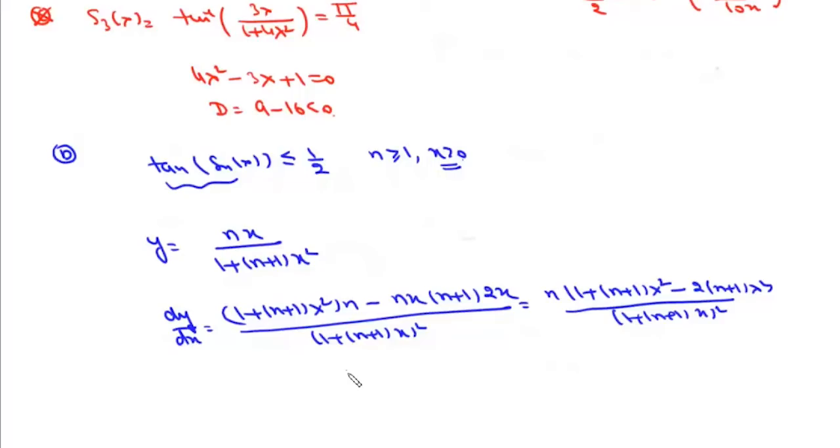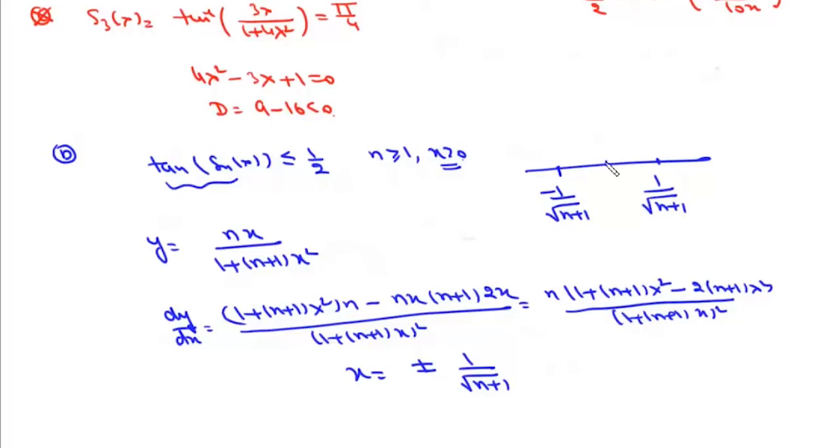Now we solve this, we'll get two critical points, plus or minus 1 upon under root of n plus 1. Now it will be minus 1 upon under root n plus 1 and plus 1 upon under root of n plus 1. Now we do not know anything when x is less than 0. So we are just concerned with this point.